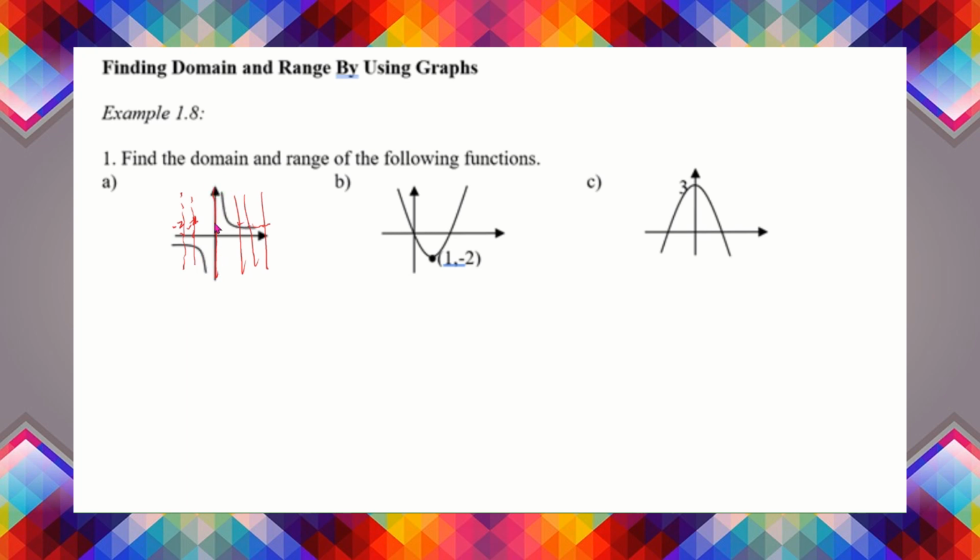So this value of x is not in the domain, and this value is x equals 0. Generally, all values of x can intersect with the curve except this one. So the domain for this function is x where x is not equal to 0.